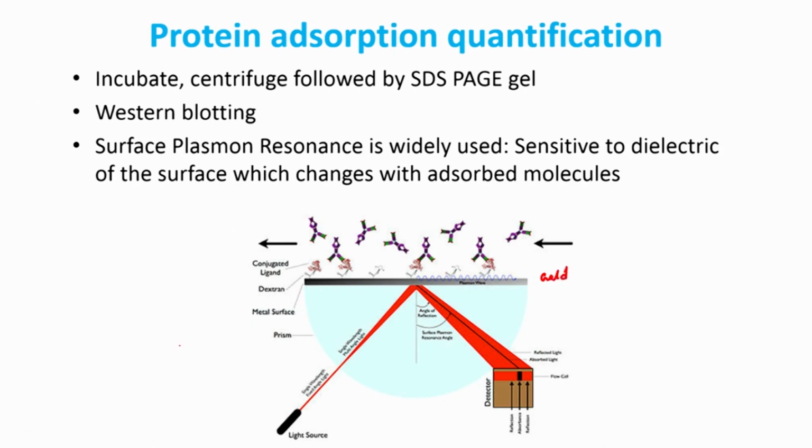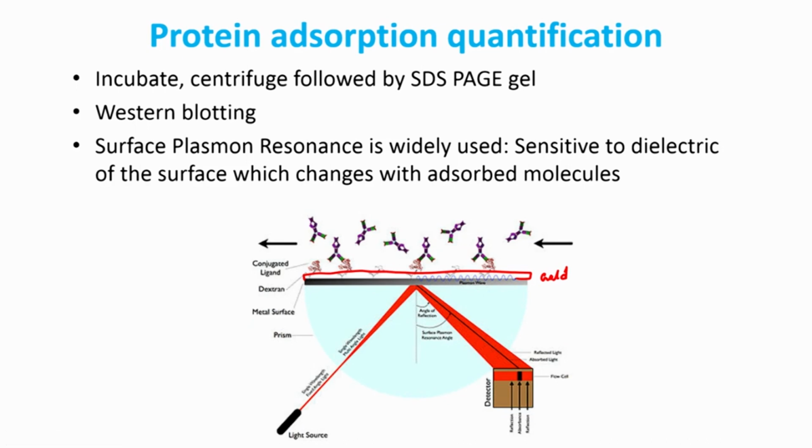So, once the proteins adsorb to it, the dielectric of this particular protein layer is going to be different from your initial surface, and because it is different you can put a light, it is going to scatter differently, you can read it through a detector, and that is going to give you a surface plasmon effect because the dielectric has changed.